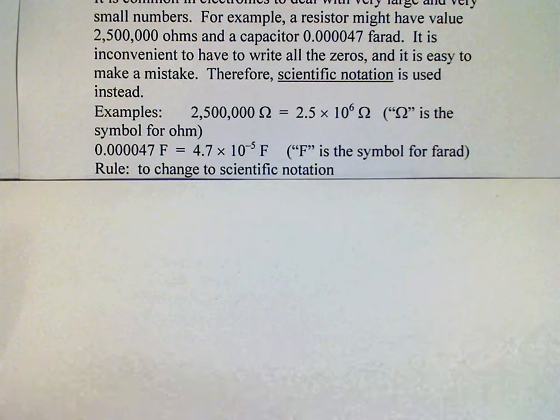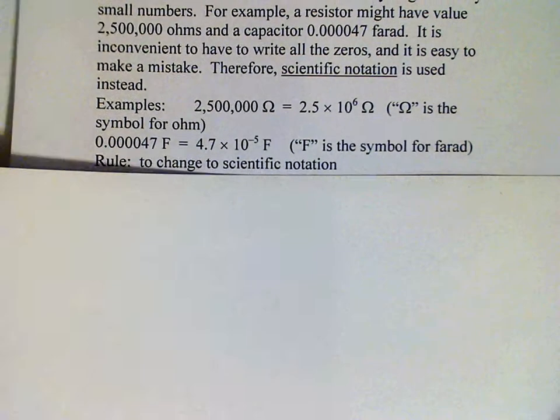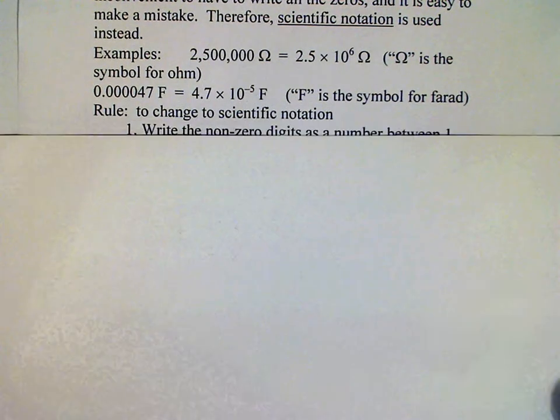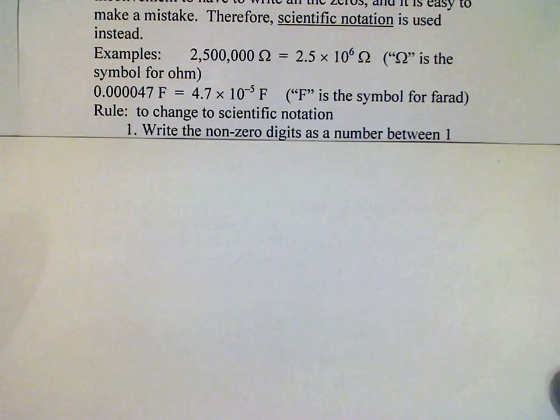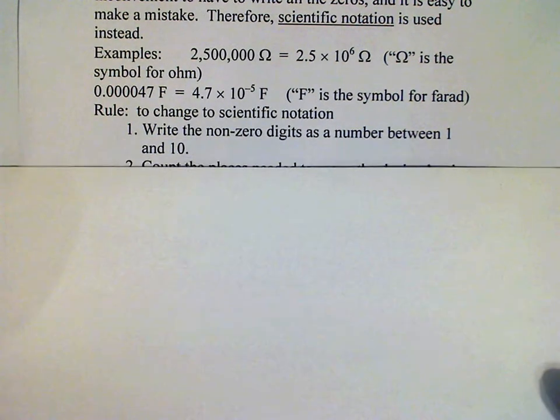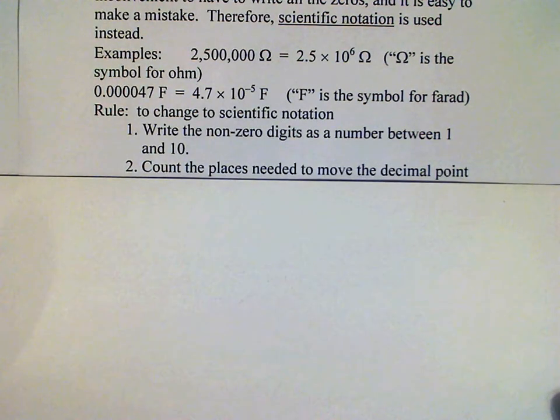Okay, so let's go over the rules that we have for converting to scientific notation. First we write the non-zero digits as a number between 1 and 10, as I said. And then we need to multiply by the scale factor.